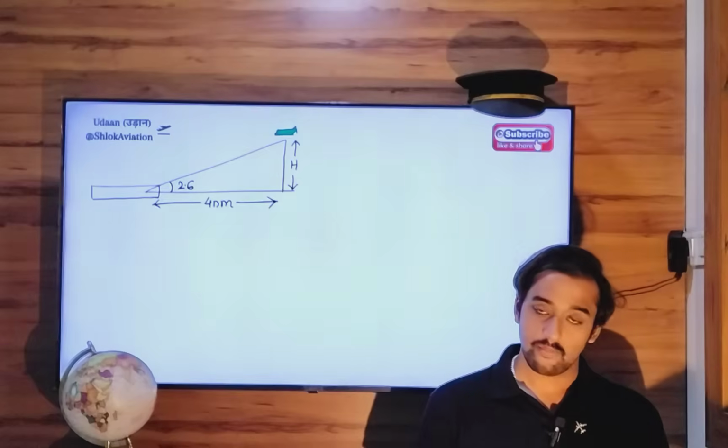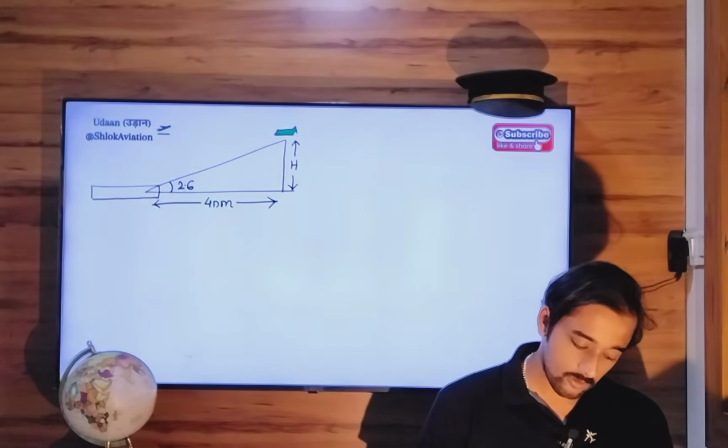Okay, this is the plane. So let's use the 1 in 60 rule formula.